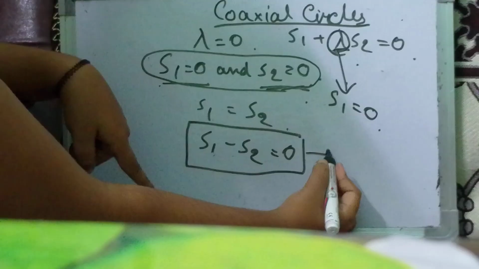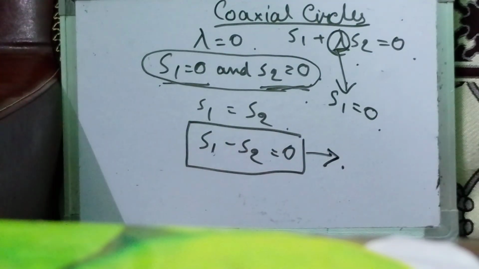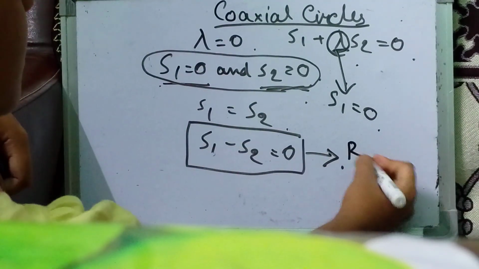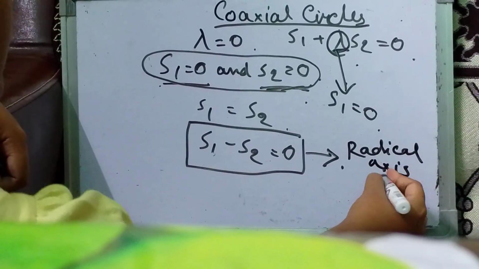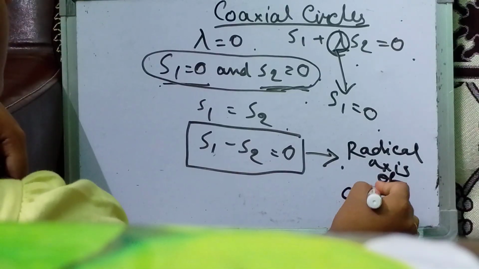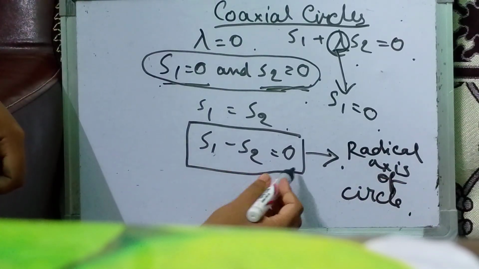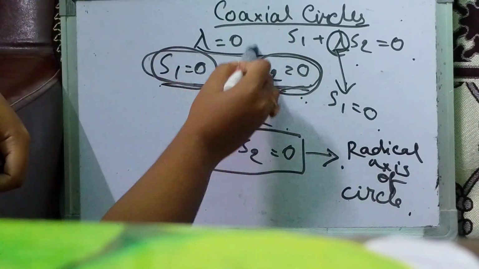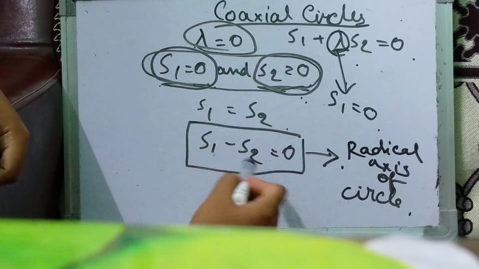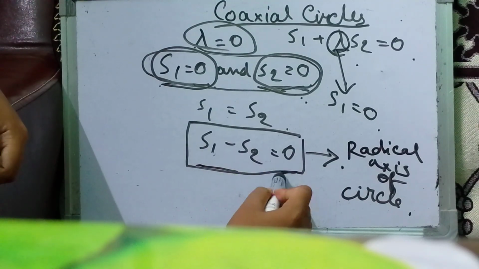This is the equation for the radical axis of circles. Remember this equation, S1 minus S2 equals 0. At that time S1 is 0, S2 is 0 and lambda equals 0. This is the condition, and at that time S1 minus S2 becomes 0.